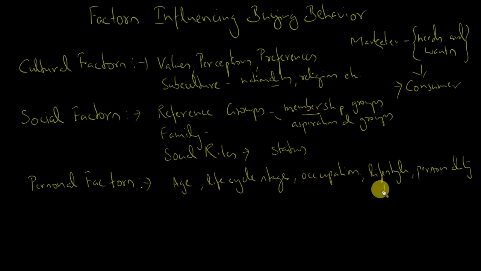The lifestyle of a person is expressed through the various activities in the person's life, the person's interests, opinions, etc. Lifestyle portrays how a person interacts with his or her environment.